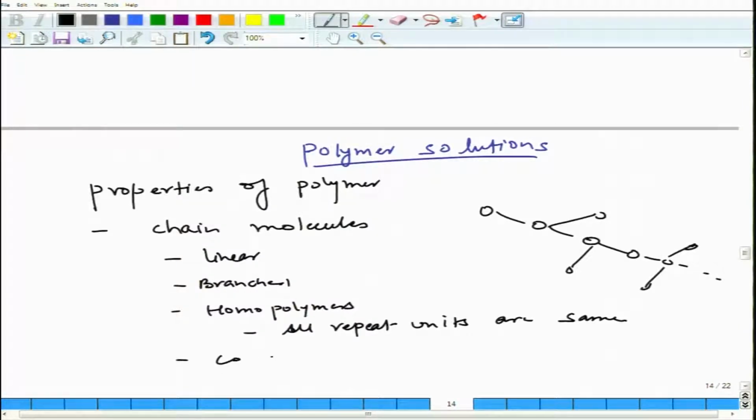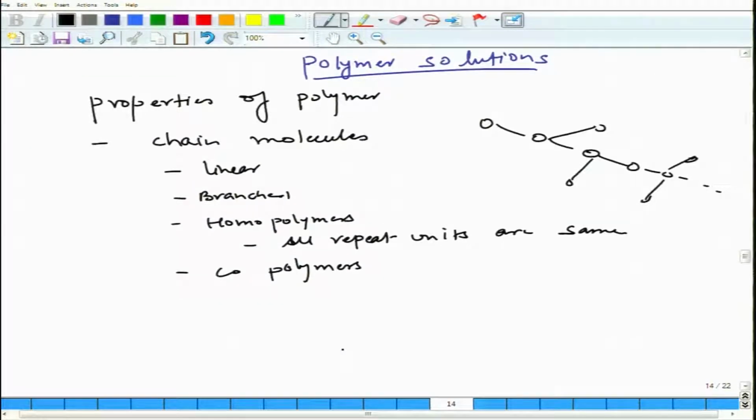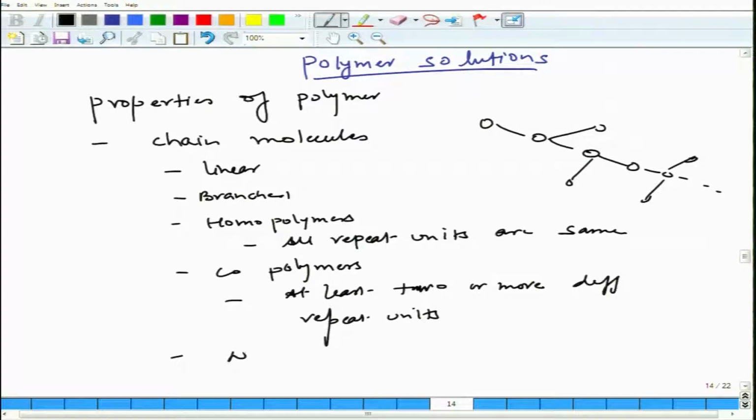Then you have copolymer, where you have at least two or more different repeat units. Then you have these dendrimers, which are hyperbranched tree-like structures.